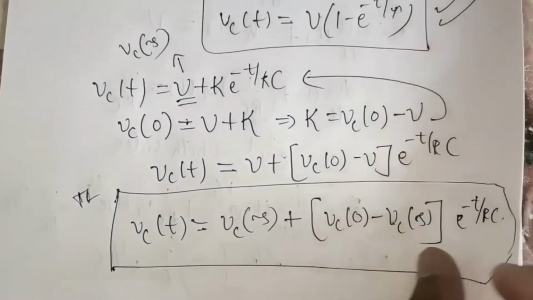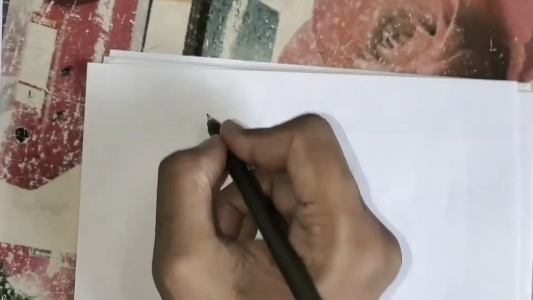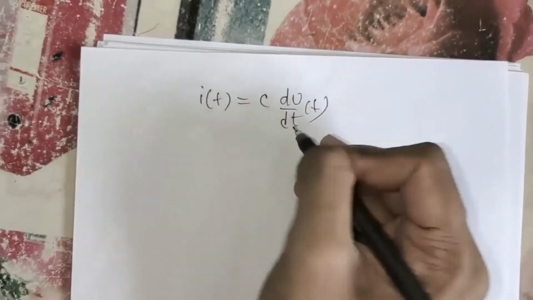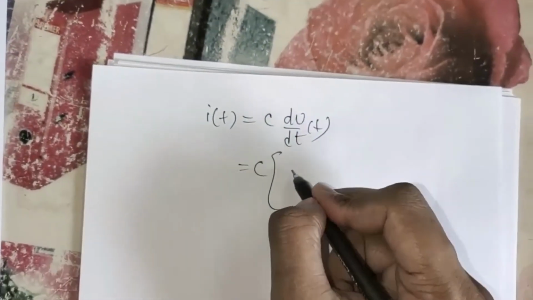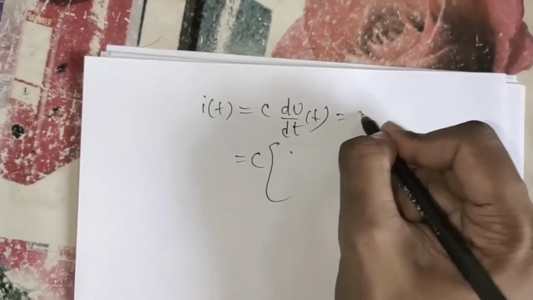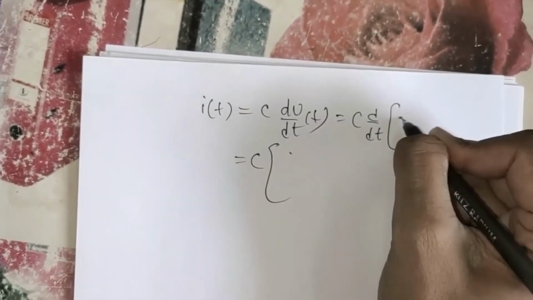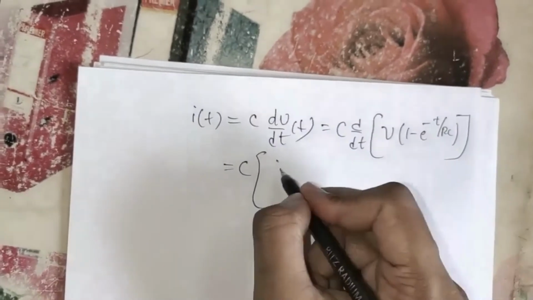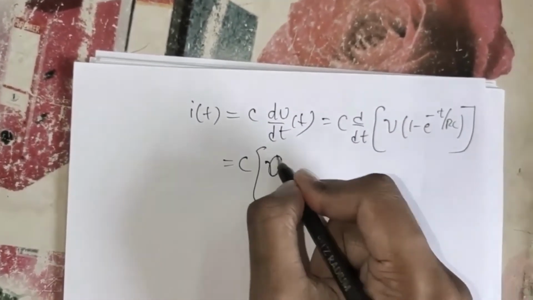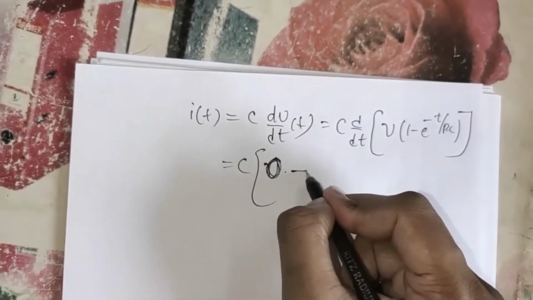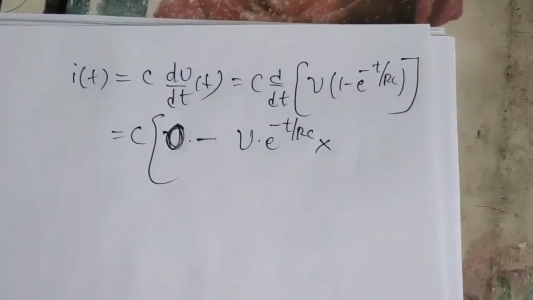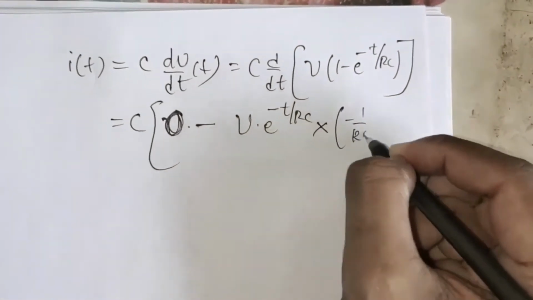So therefore I of t is nothing but C into dVc by dt. So if I differentiate the above expression, then C into d by dt of, I have got as V into 1 minus e power minus t by RC. So that is V, the first term derivative becomes 0, minus V into e power minus t by RC into minus 1 by RC.